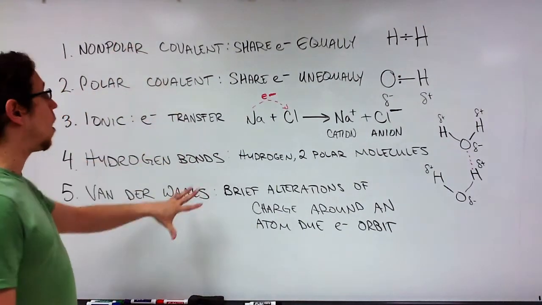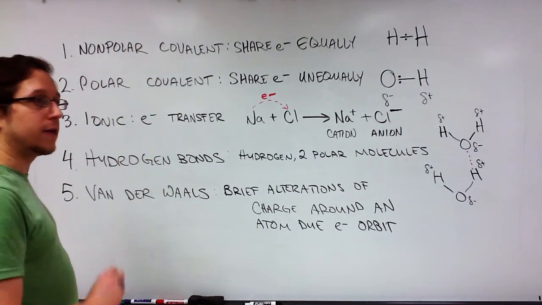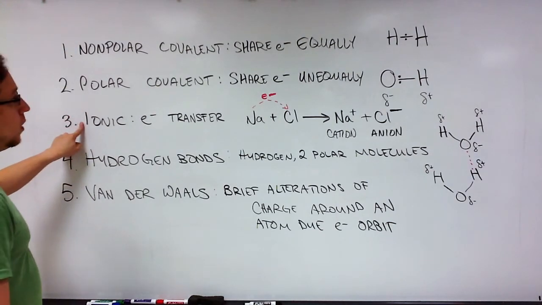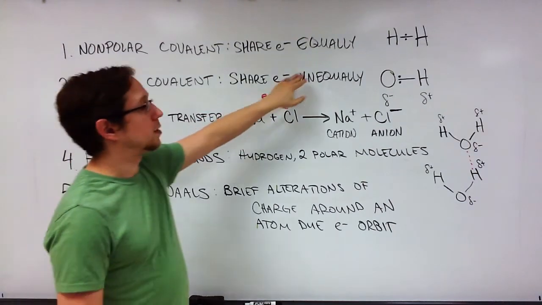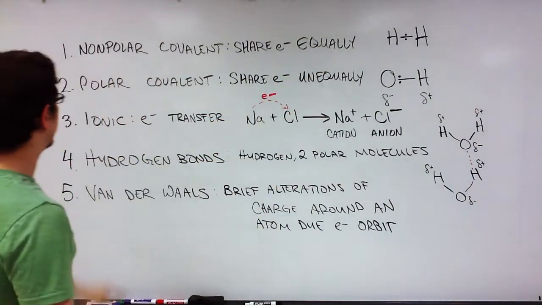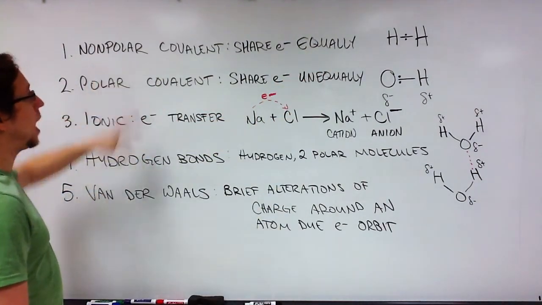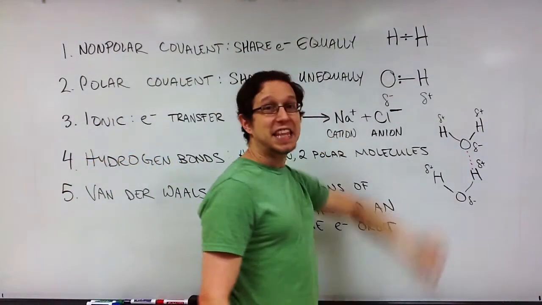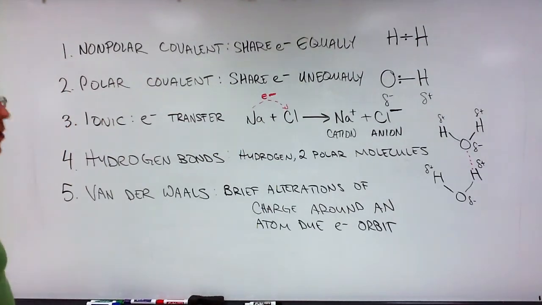So these are the different types of interactions. These three are the only ones where we're actually looking at electrons being shared or transferred. And in the next lecture, I'm going to talk about how we can determine what type of bond is happening depending upon the atoms involved in that particular type of bond.